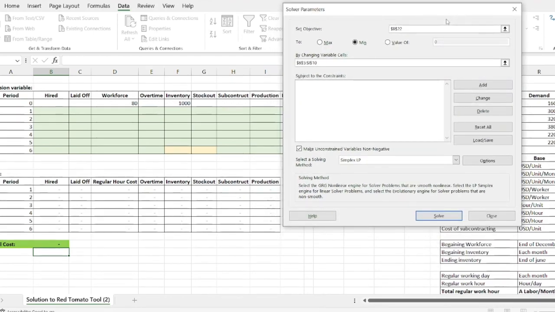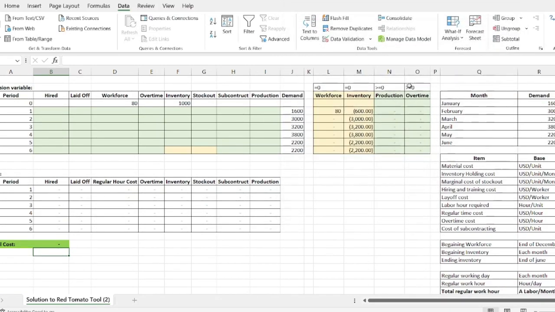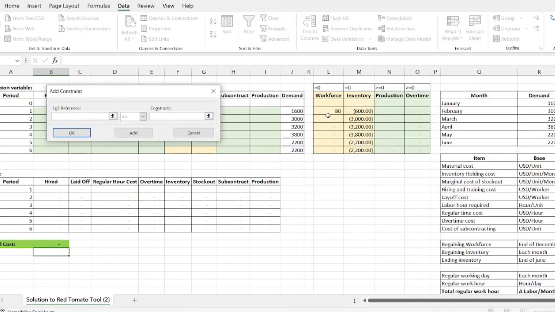Now I have to add the constraints here. So let's add it. My workforce is equal to 0. I have kept it in notes so that it becomes easy at this part. Let's add this. Then my inventory part has to be equal to 0, like I kept the note here.